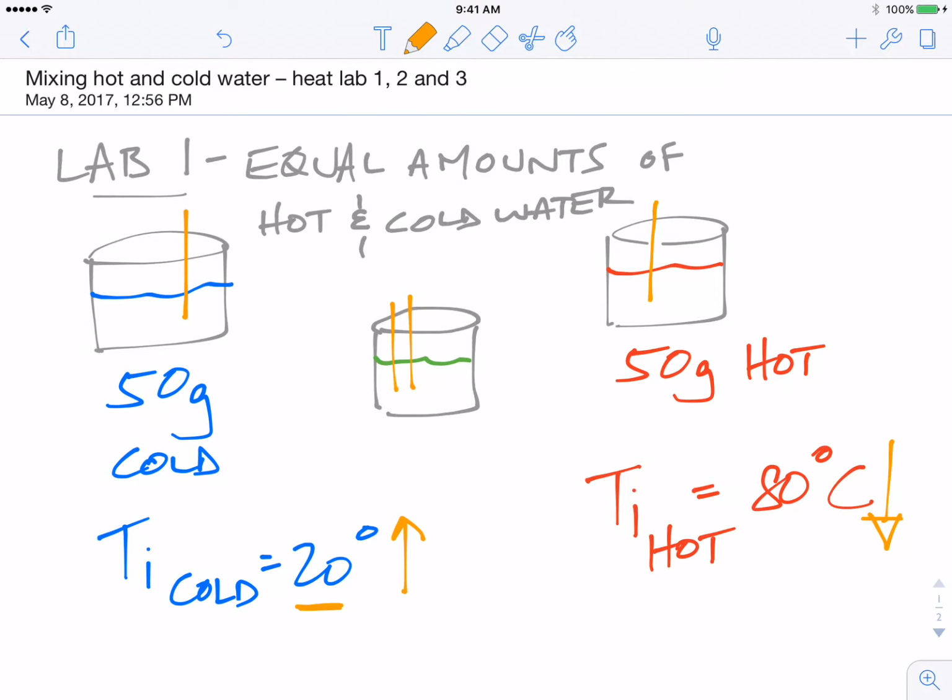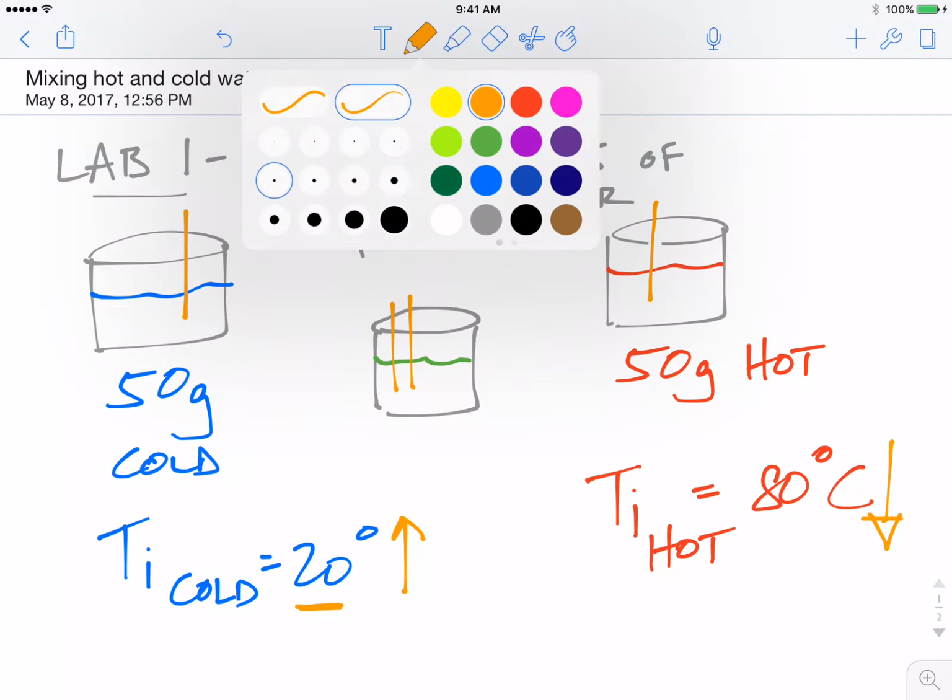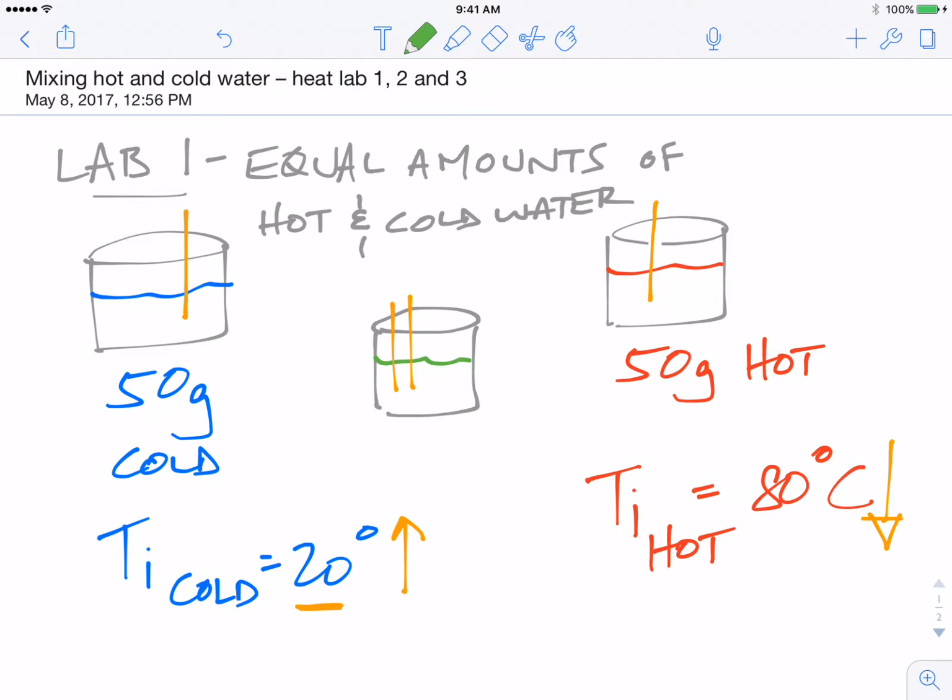Okay, and the final temperature of this mixture would be 50 degrees Celsius. Okay, and that would be the final temperature for both the hot and the cold water, because when you take something that's hot and something that's cold and you put them together, they will eventually become the same temperature.